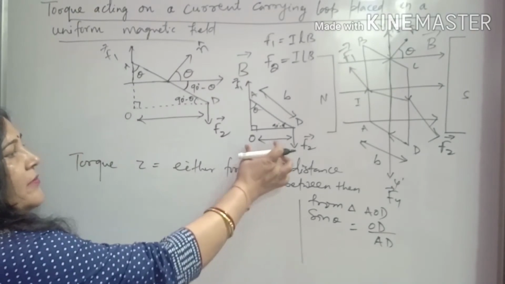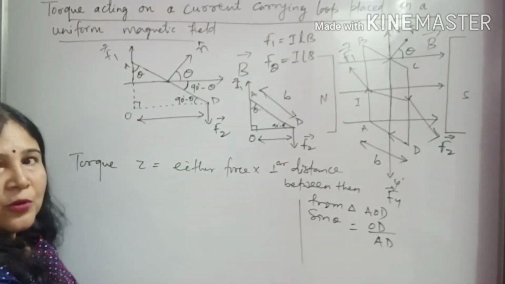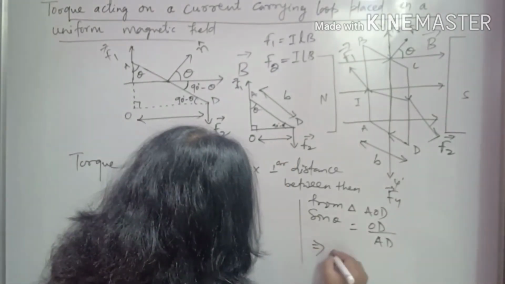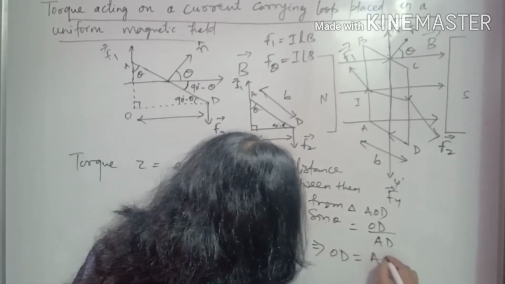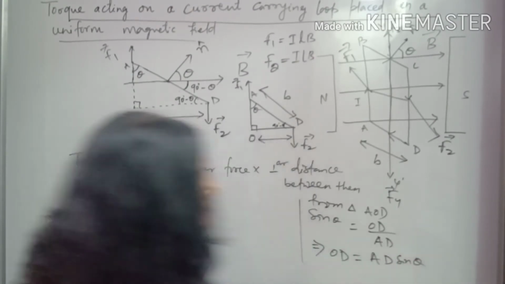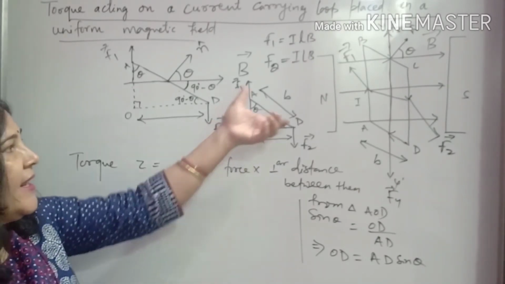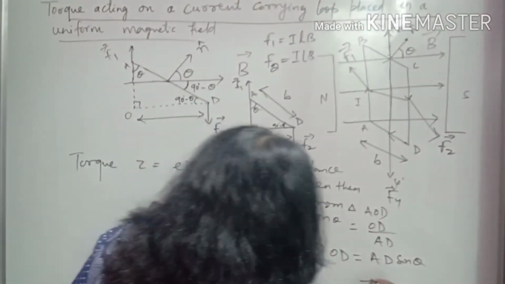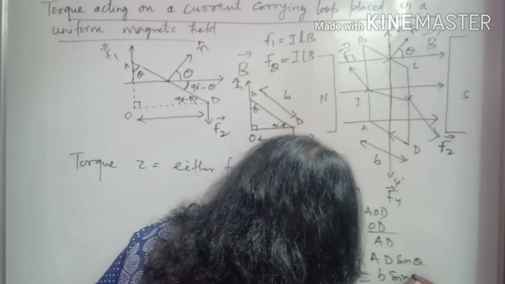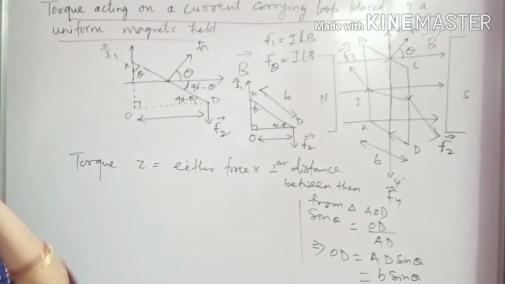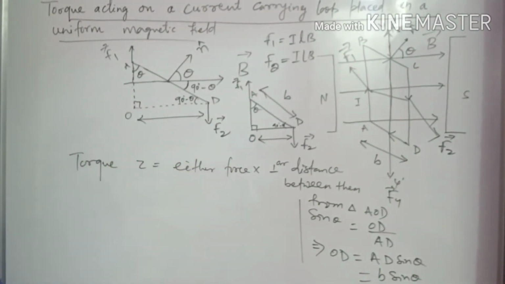Now we are trying to find the length of OD. From here, OD equals AD sine theta. But AD is B, so this is B sine theta. So we got the value of OD, which is nothing but the perpendicular distance.